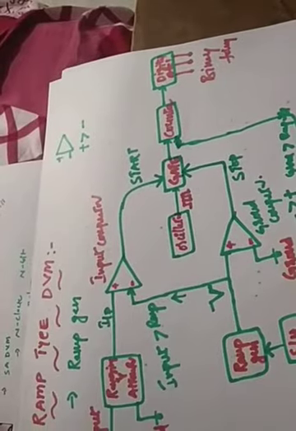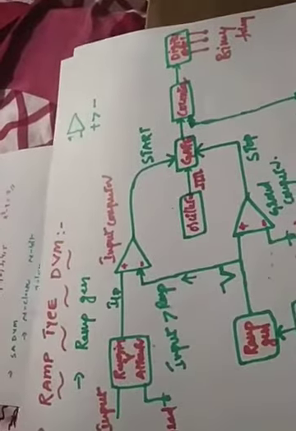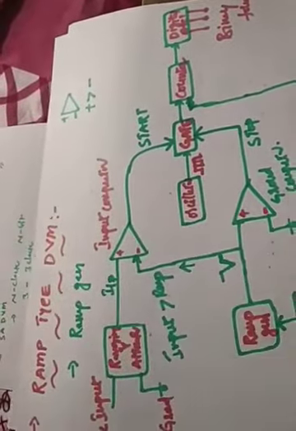If the input is too high, it's very difficult for a digital meter to bear, so we reduce it with the help of the attenuator. For this we have a block called the ranging and attenuator circuit. Whatever the output, it is the input that you are giving, either increased or decreased, but the input is the input, right?